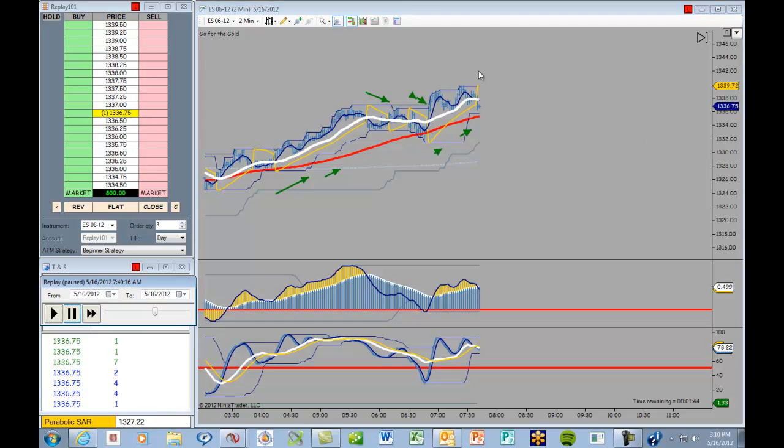Okay, let's check this out. Higher high, lower high, bearish divergence, bearish crossover, bearish parabolic, dual bearish crossover. This is a no-brainer. It is counter trend, but all the signals are there.